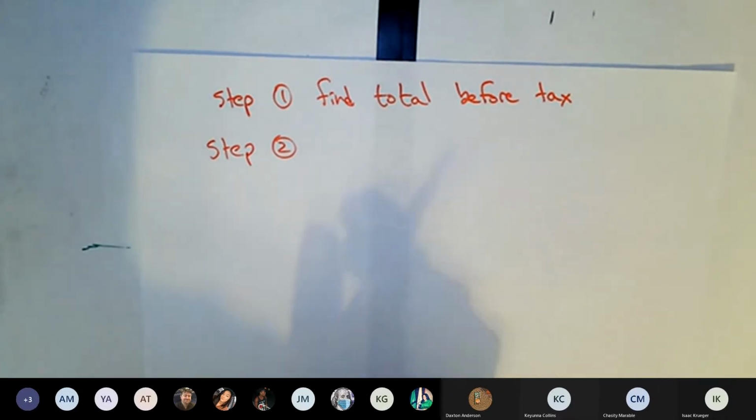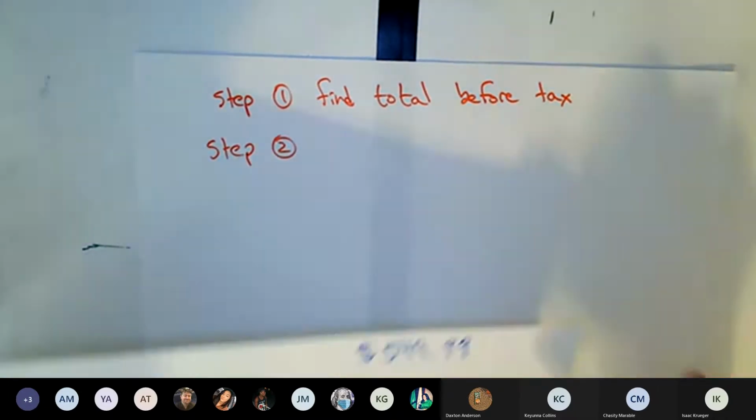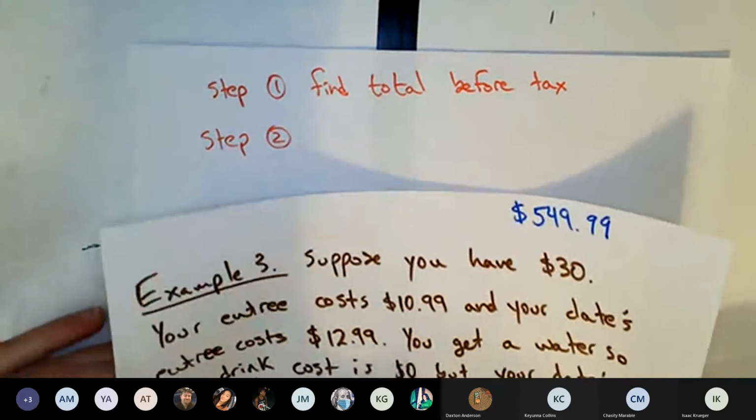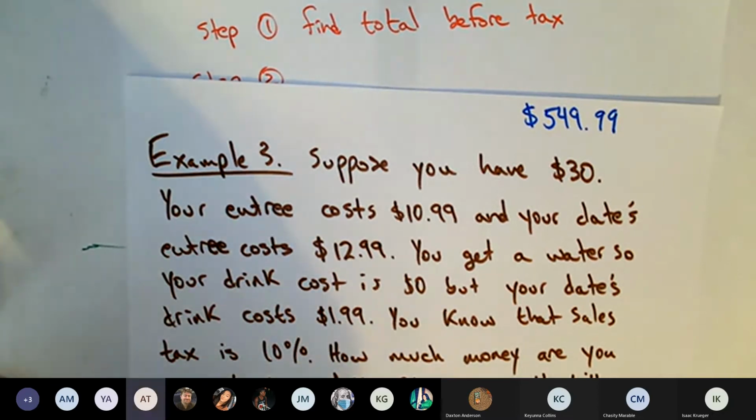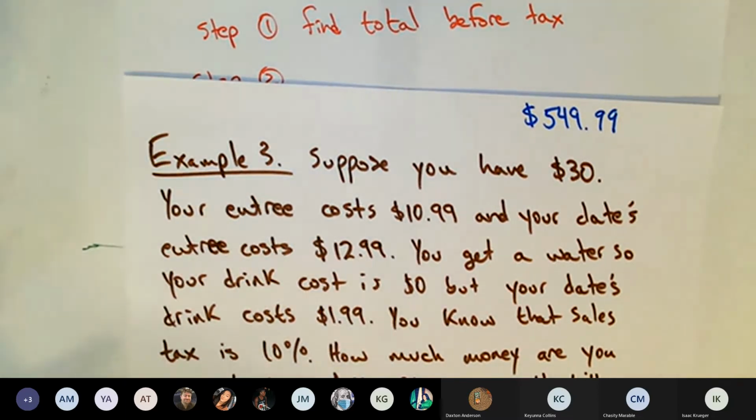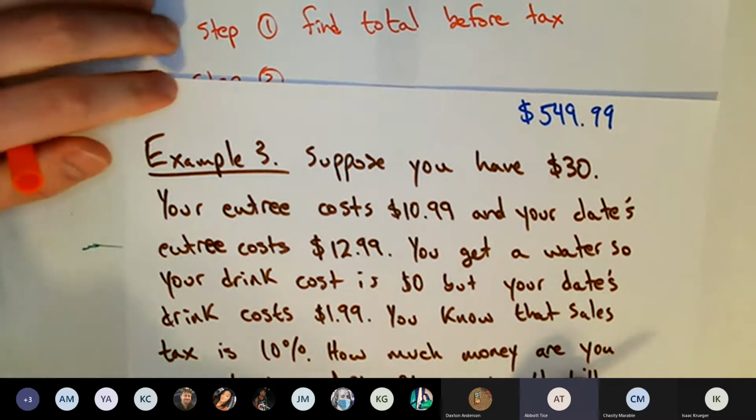Right? And then step two, let's see, Abbott, what do you think step two should be? So in step one, we'll have that total before tax. So we'll have the entrees and the drink cost added up, and we'll have some dollar amount. What should step two be? You would multiply your sales tax by the total.